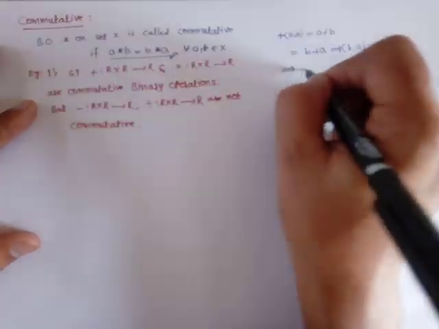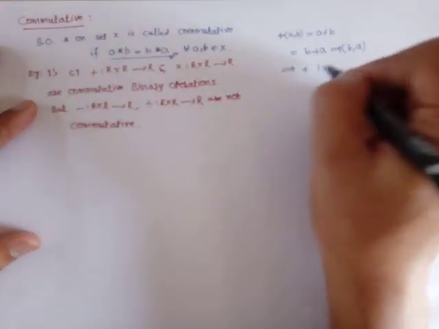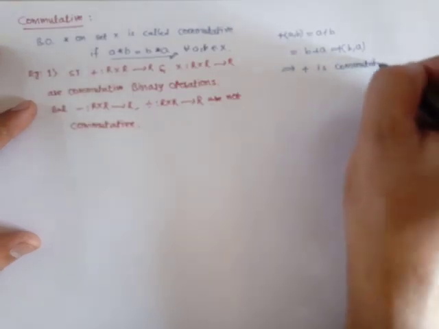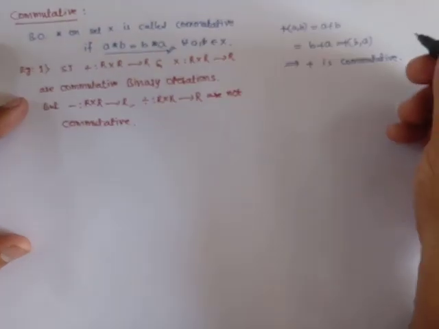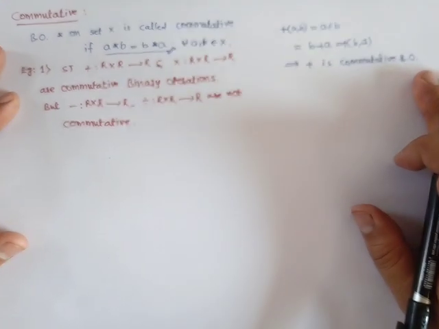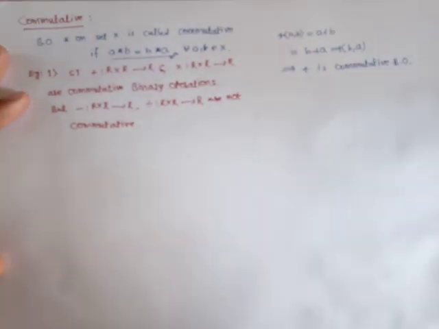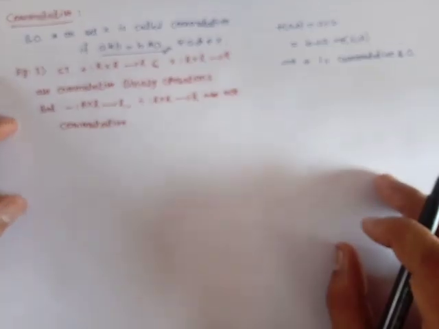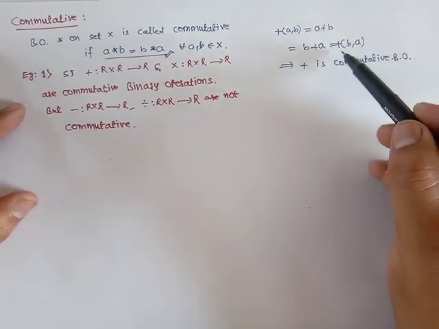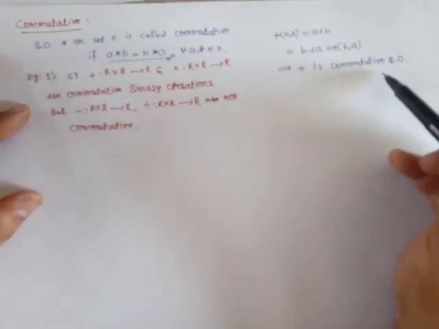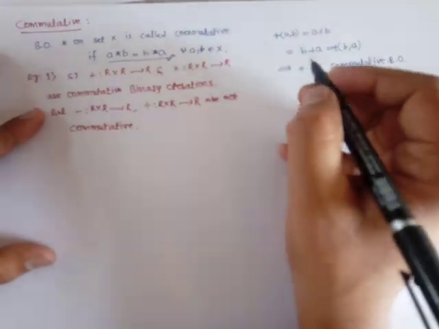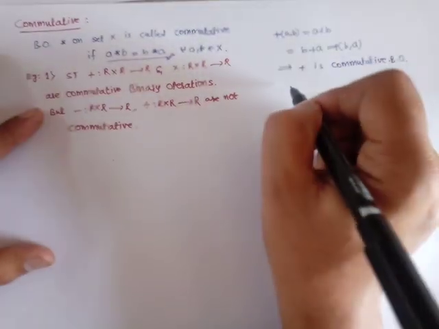So this implies addition is a commutative binary operation. Now, a plus b is equal to b plus a, so addition is a commutative binary operation. Now we'll see multiplication.